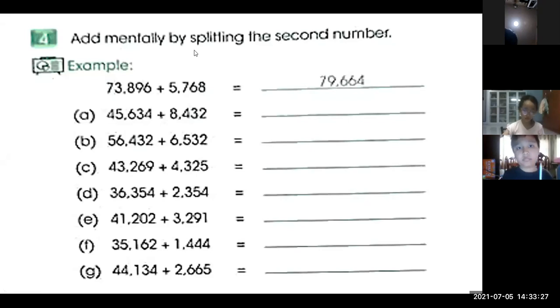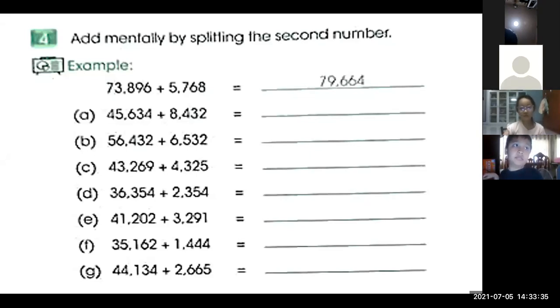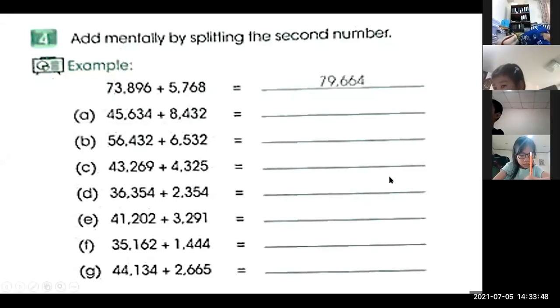Letter A. What's the answer, letter A? 45,634 plus 8,432. What's the answer here? Anyone from the class?